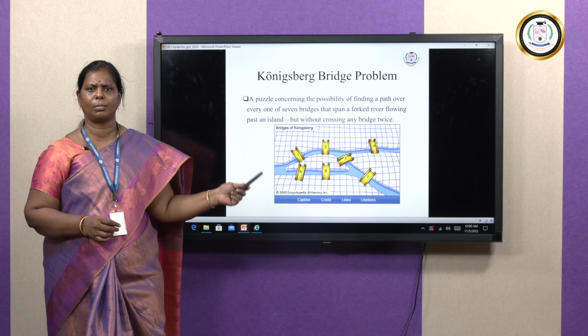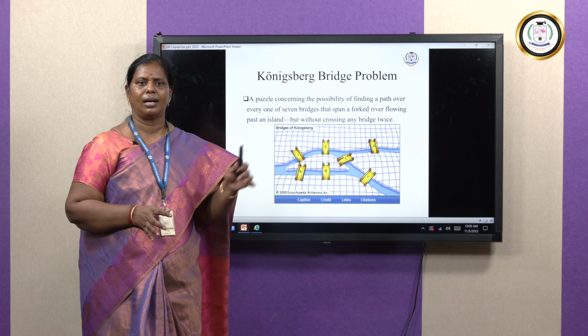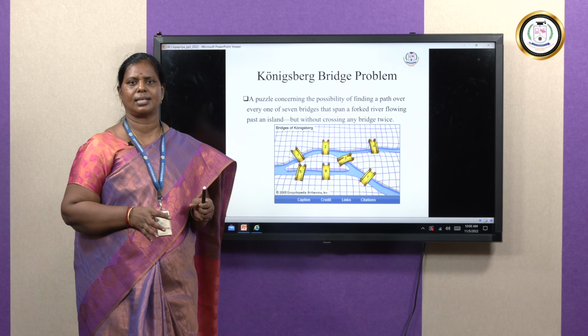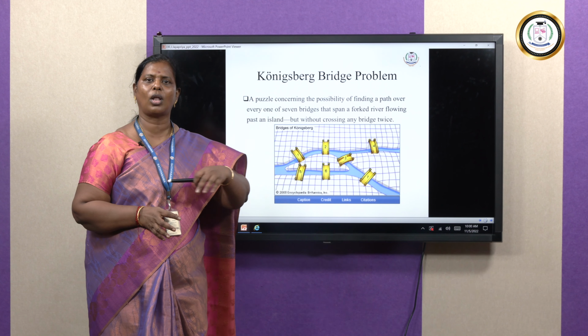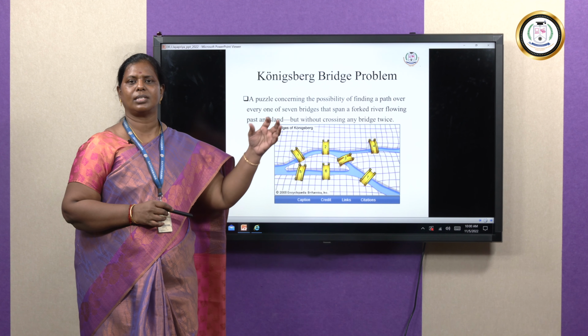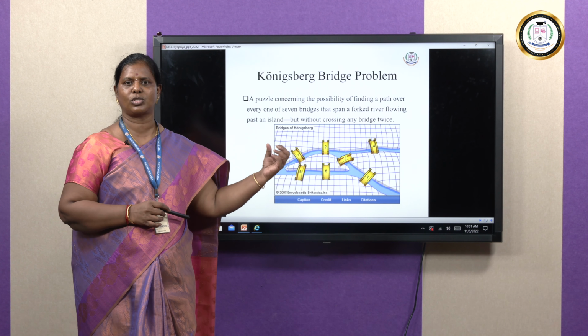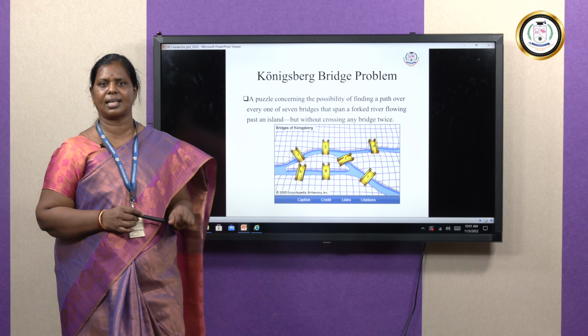The problem is that there were 7 bridges connecting 4 cities. The problem is to walk through all the bridges exactly once, traversing all the cities. In other words, the person has to walk through all the bridges exactly once.